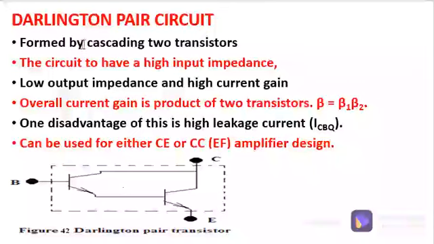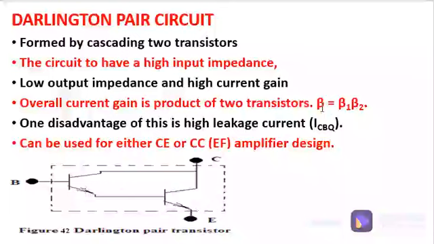As I've said, it is made by cascading two transistors, and the circuit has high input impedance, low output impedance, and high current gain. The overall current gain is the product of the gain of the first transistor and that of the second.